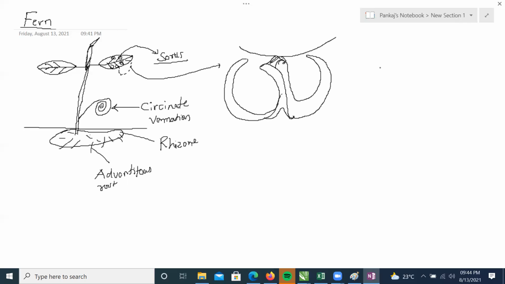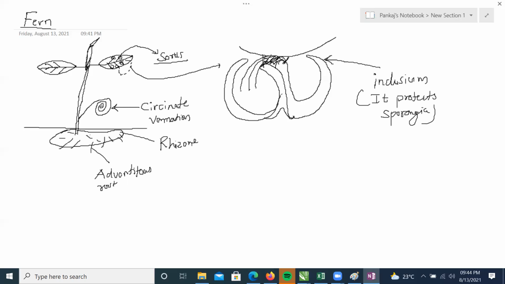So what happens? This particular structure is actually called an indusium. That is a protective structure. And what is the function of indusium? That it protects sporangia, right? And from here, we can say that a large number of sporangia are actually formed.